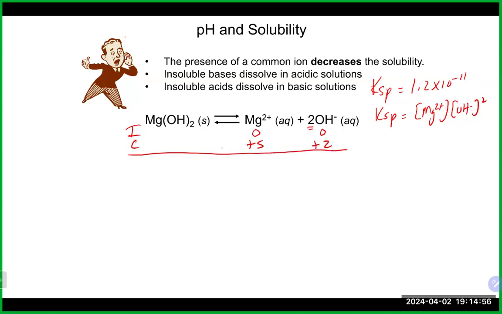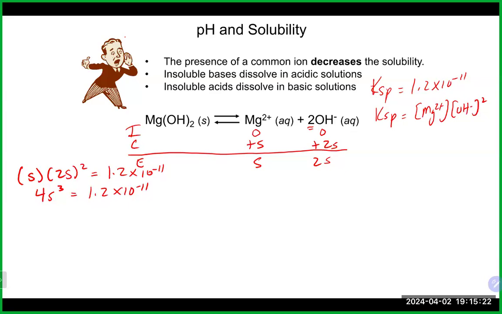That goes into our Ksp expression, which gives S times 2S squared equal to our Ksp value, 1.2 times 10 to the minus 11, so 4S cubed equals 1.2 times 10 to the minus 11.